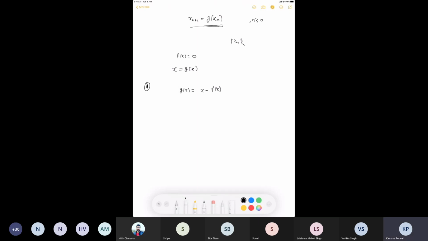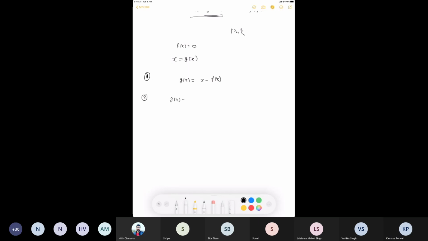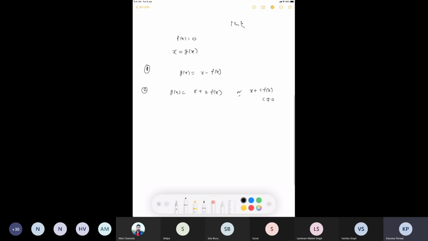If you take g(x) = x - f(x), then x = g(x) is equivalent to f(x) = 0, right? We can also have g(x) as x plus, say, 2f(x), or in fact we can have x plus any constant c times f(x), where c is not equal to 0, right? So this will also give you back f(x) = 0 from x = g(x).